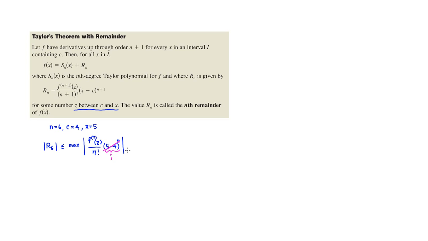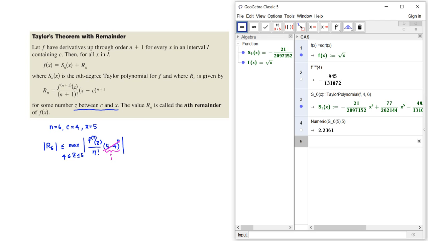So z is between c, which is 4, and x, which is 5.